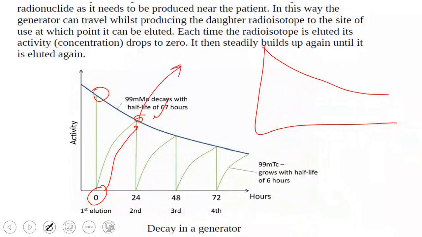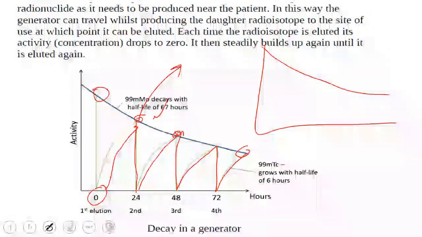The next day, you perform milking again, and it also drops to 0, taking another 24 hours to reach the same activity level as molybdenum. You continue this process until you see that the activity of molybdenum is decreasing. This can take a week or two, depending on the strength of the generator you have.